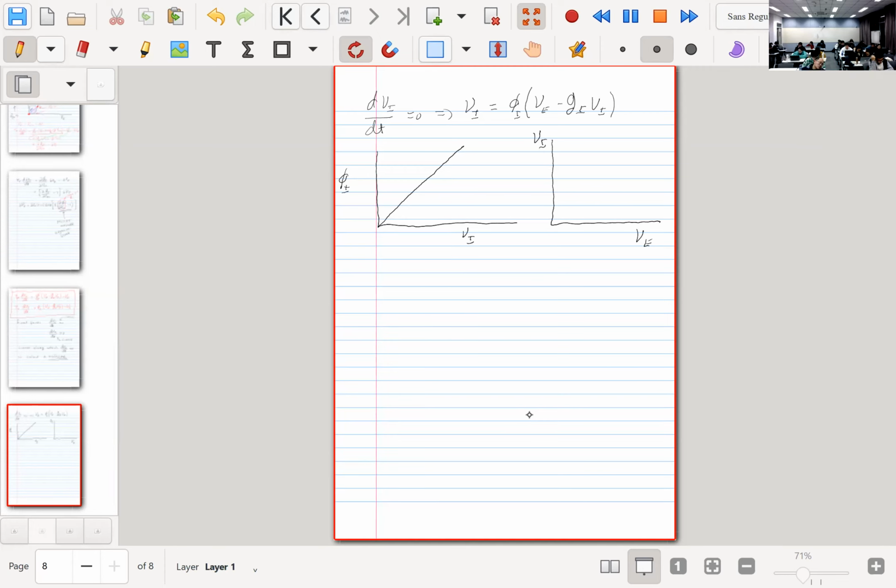Let's say ν_E equals 0. If ν_E equals 0 and ν_I equals 0, that means none of the other neurons in the network are firing. And the classic view, which I'm going to write down, is that neurons don't fire if they don't get input.